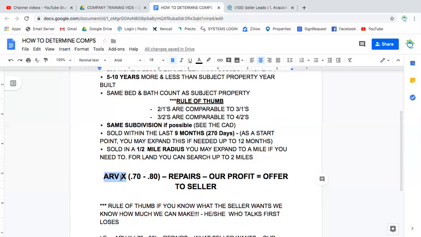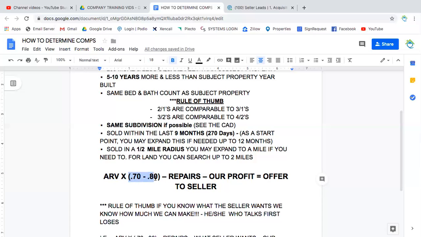You can also work deals with investors at around 75 to 80% if a buyer is holding the property. Holding the property means holding it to purchase it as a rental property.